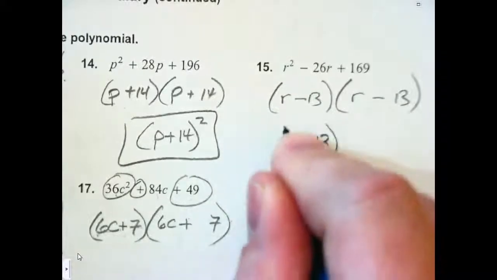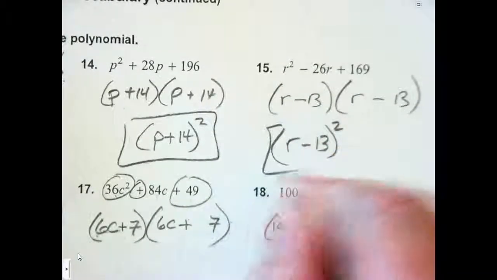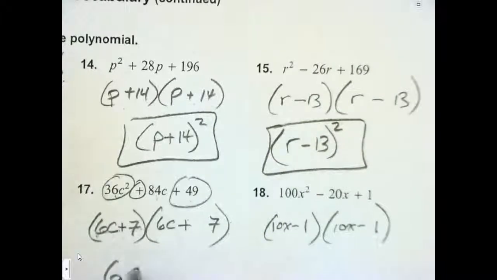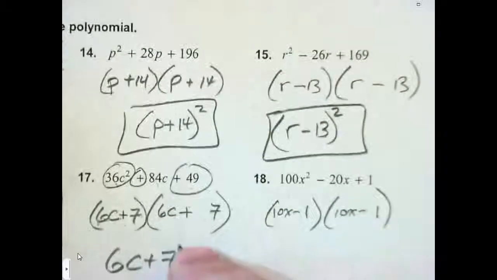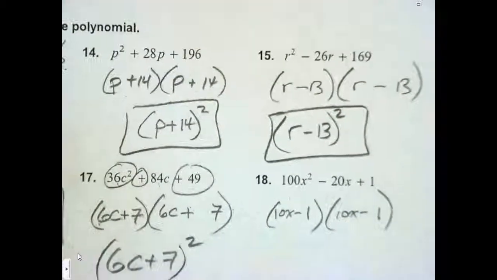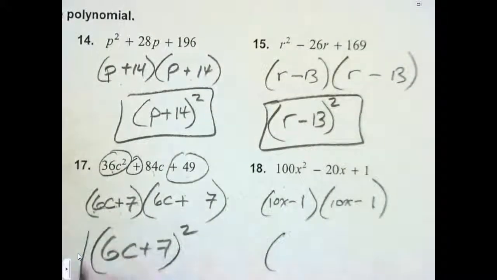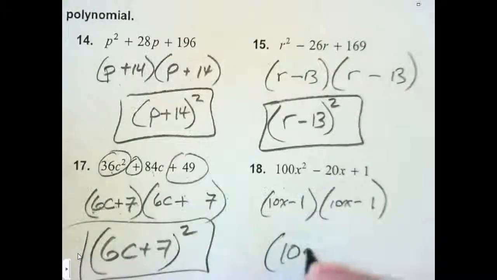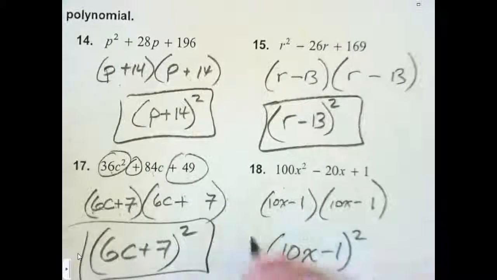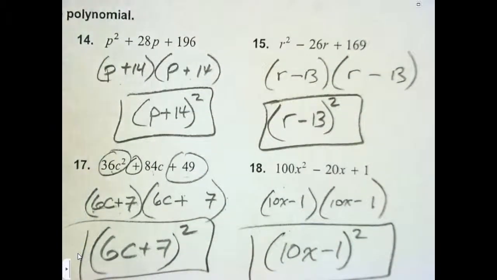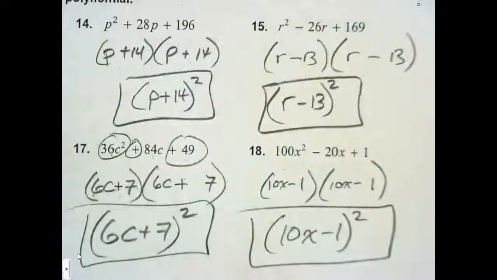You have 2 of those being multiplied together. Any questions on that pattern? Remember, you can always do it the other way. It's just quicker this way.